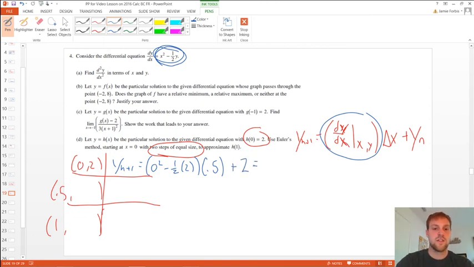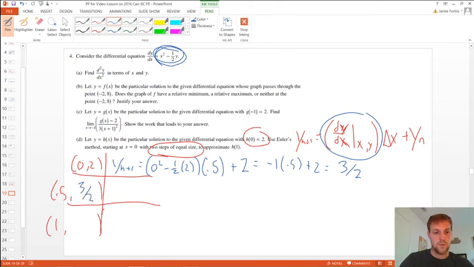This is equivalent to -1 times 0.5 plus 2, that's -0.5 plus 2, or 1.5, or 3/2. So this right here is 3/2.